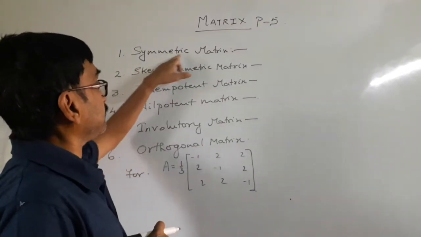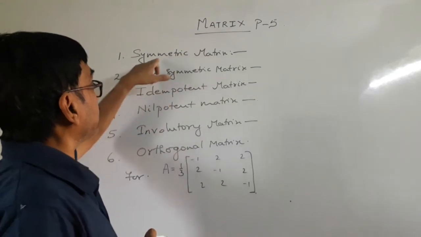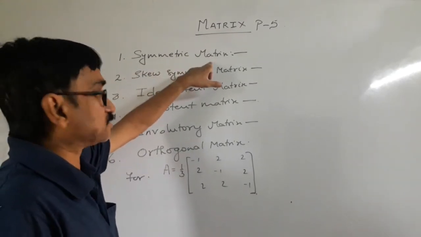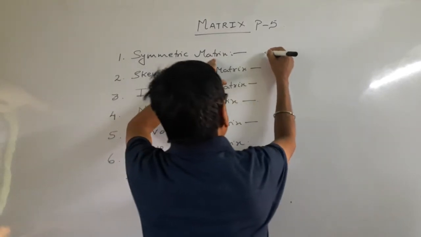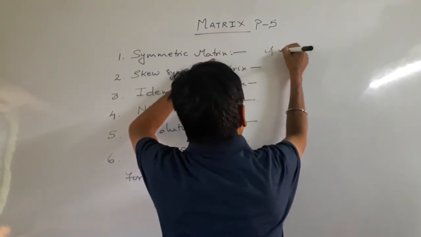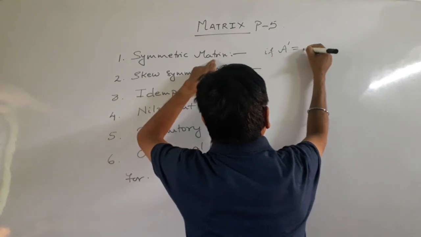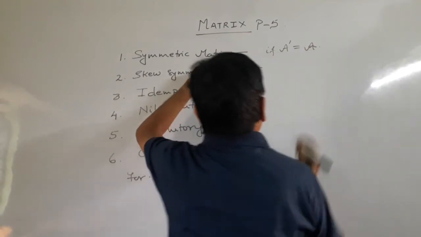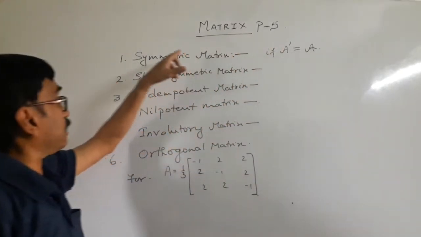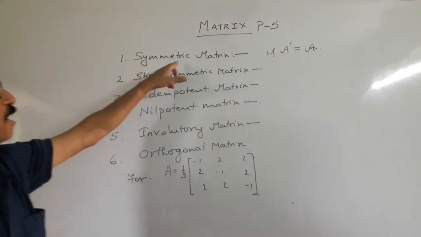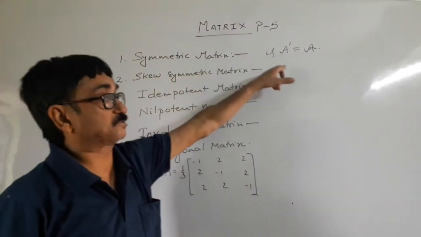First comes symmetric matrix. A symmetric matrix is a square matrix, and that matrix is known as a symmetric matrix if its transpose becomes equal to A. If A dash is equal to A, then the given square matrix will be known as a symmetric matrix.